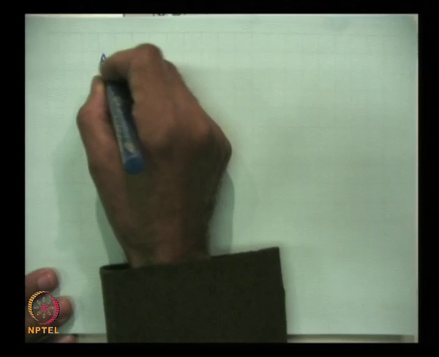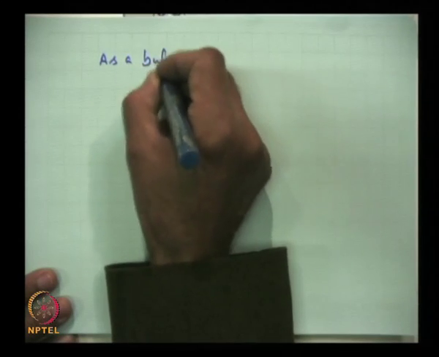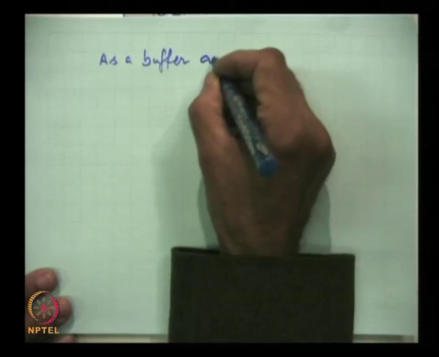Now, as far as the application of emitter follower is concerned, remember that there is a power gain and input impedance is very high, output impedance is very low. So, the biggest application for this amplifier is as a buffer amplifier.